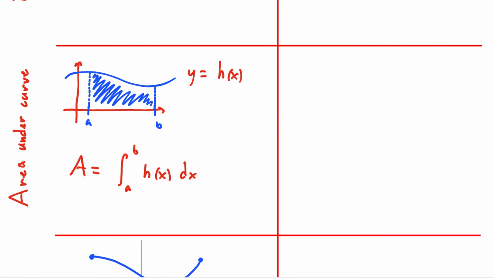The typical way to think of an integral is to think of it as representing the area under a curve. If we have some function y equals h of x, then the integral from a to b of h of x is the area under that curve. How can we do this in parametric equations? Well, in parametric equations, we have a parameter t, and the t value need not be x or y.